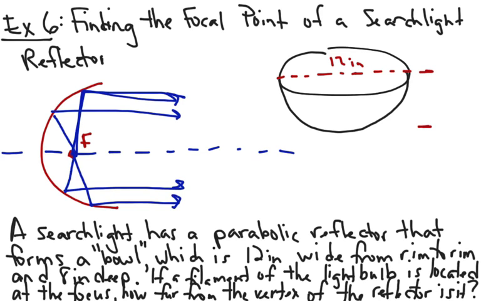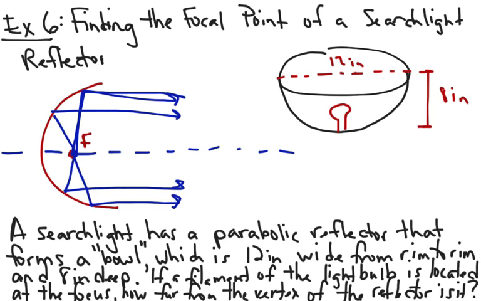So from here to here, we would say it is 8 inches deep. If a filament of the light bulb is located at the focus, so if there's like some light bulb here, how far from the vertex of the reflector is it?